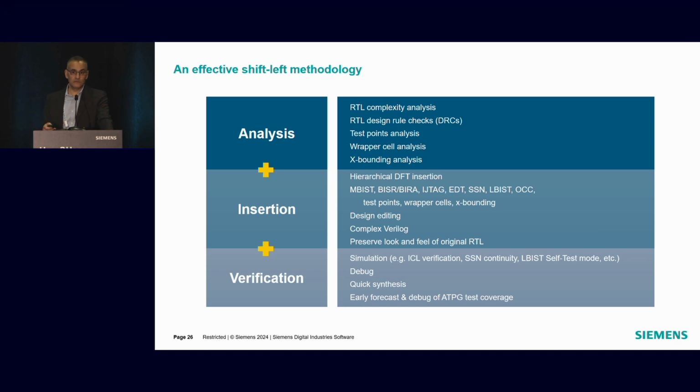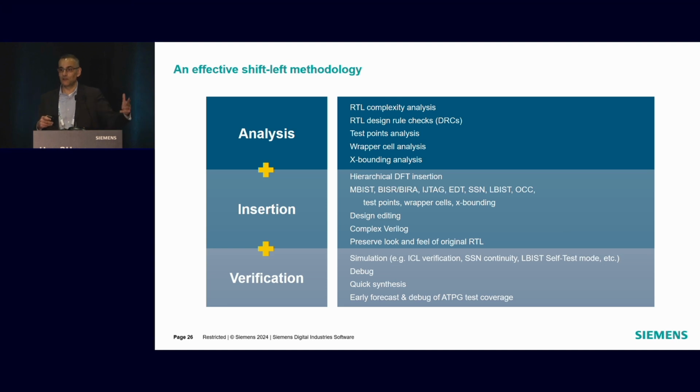Obviously insertion, doing it hierarchically for all the IP that we've talked about. Design editing: there are very powerful RTL design editing capabilities in the tools you have access to. Handling complex Verilog, and as I mentioned, being able to preserve the look and feel of the original RTL. That makes things a lot easier because you know what the tool did.